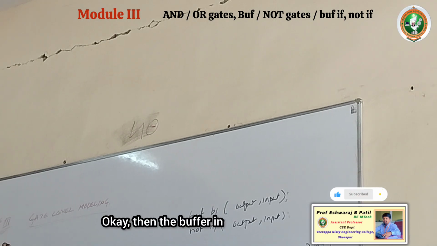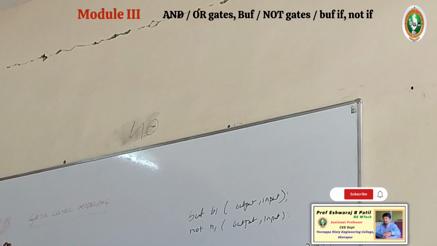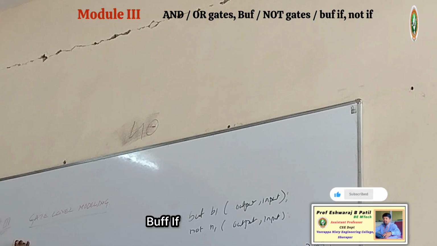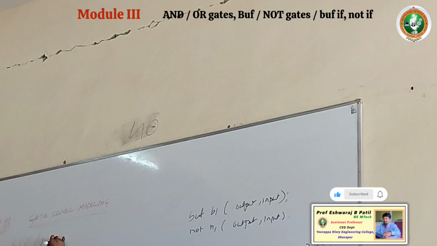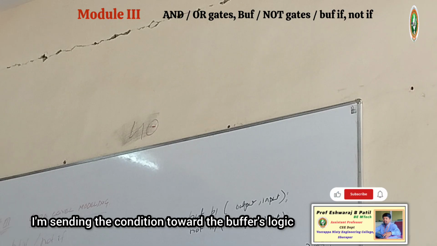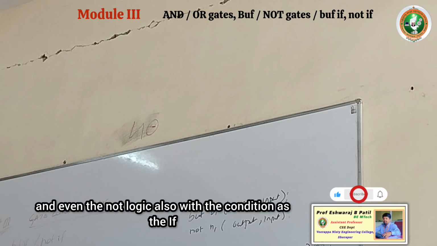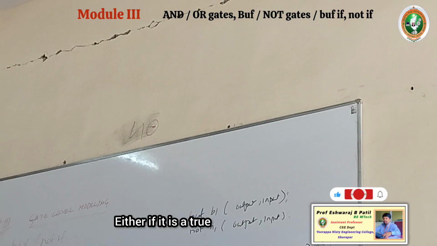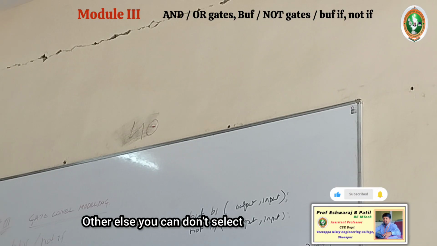Okay, the bufif and notif. I am sending the conditions toward the buffer logic and the not logic also, with the condition as the if. If it is true, then only you select, otherwise you don't select.